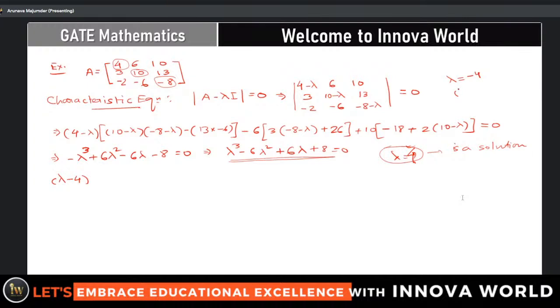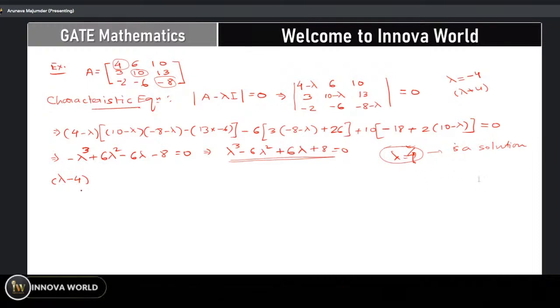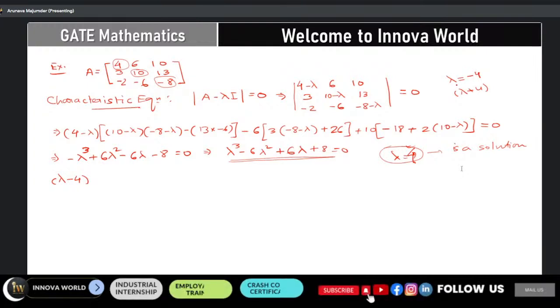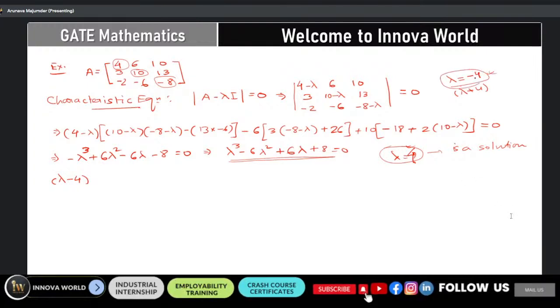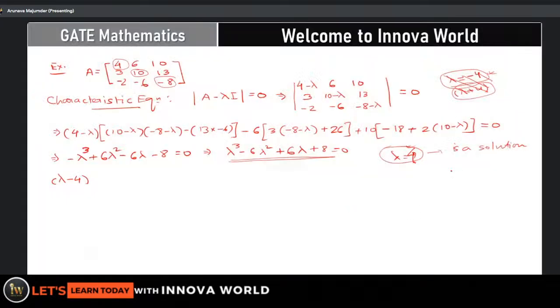Then lambda plus 4 will be the factor. Lambda equal to 4 means lambda minus 4 is one of the factors. Minus 4 is not the solution here, but if it were, then lambda plus 4 would be the factor. We do not need this right now.